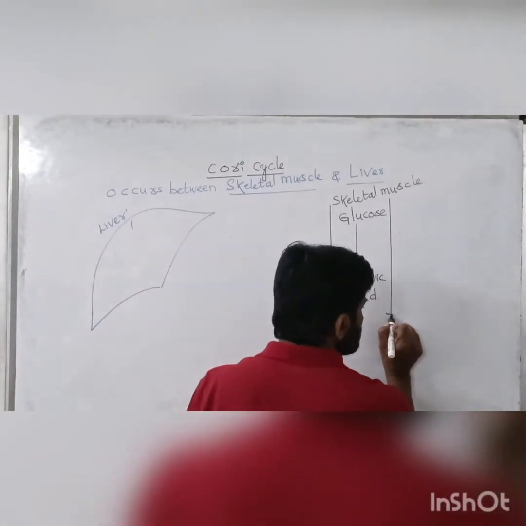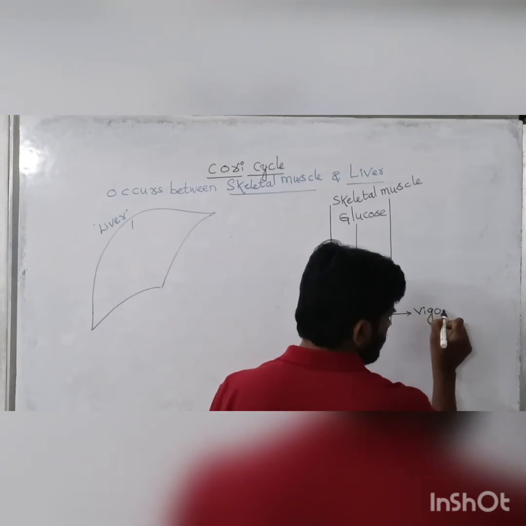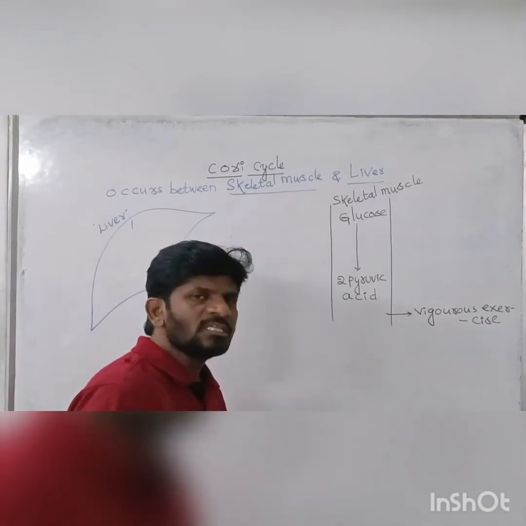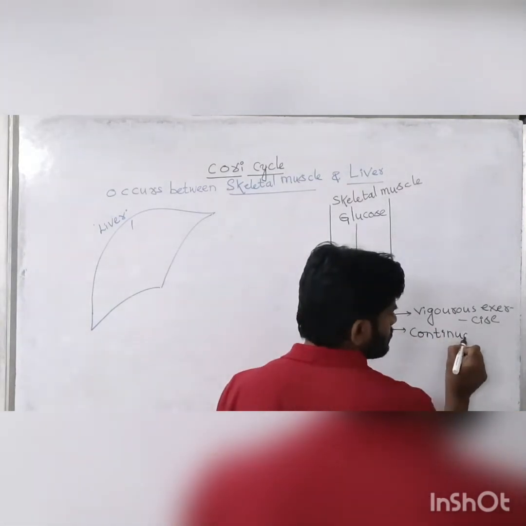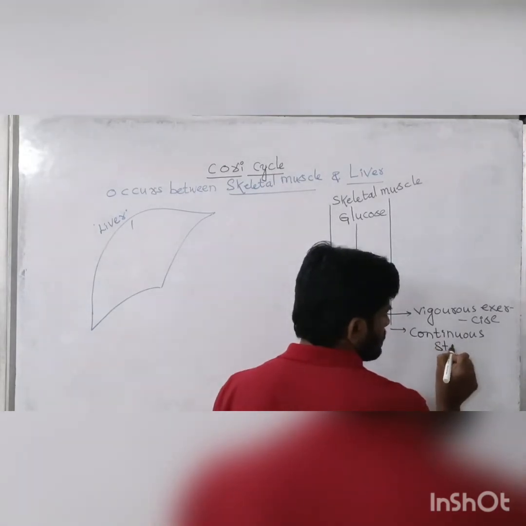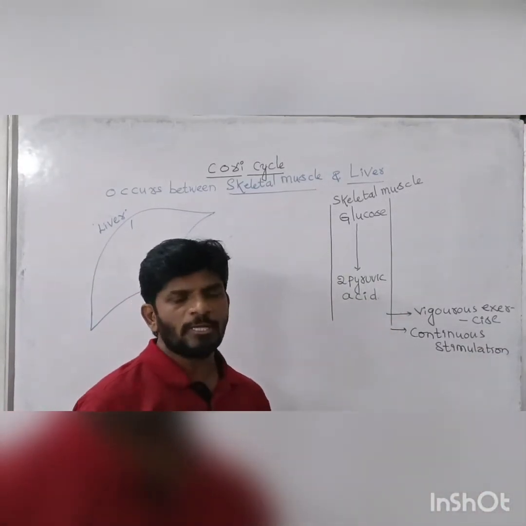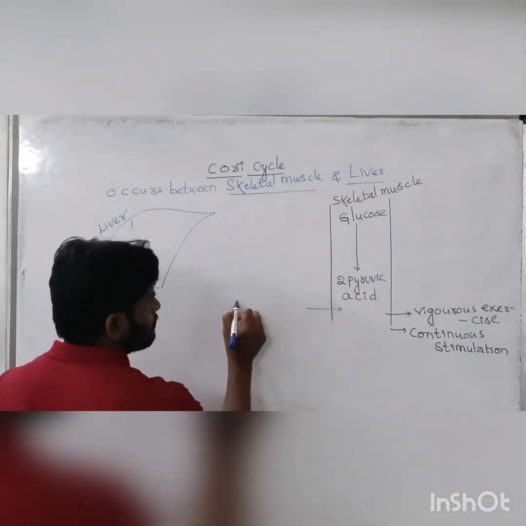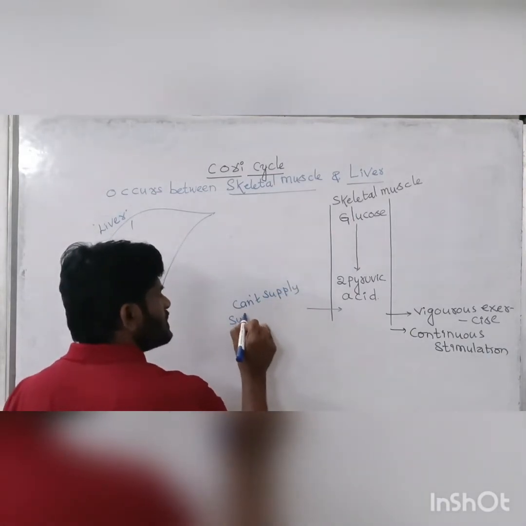But when the muscle is continuously exercised, in a vigorous exercise, or when the muscle is continuously stimulated, in this condition, when the muscle is working very fast, the muscle cannot supply sufficient oxygen.